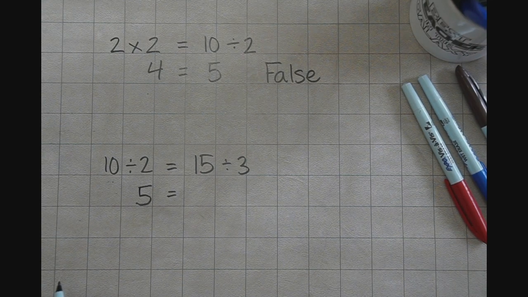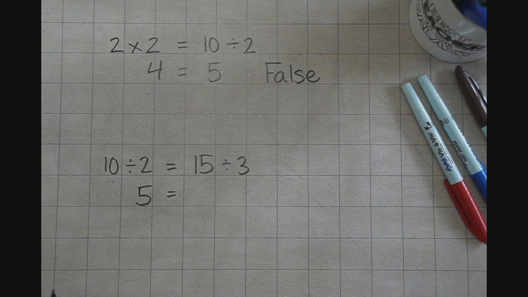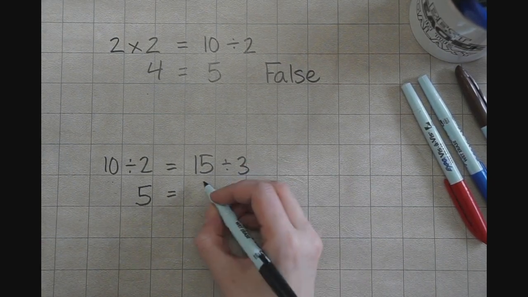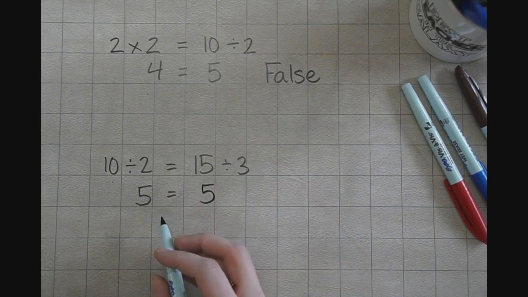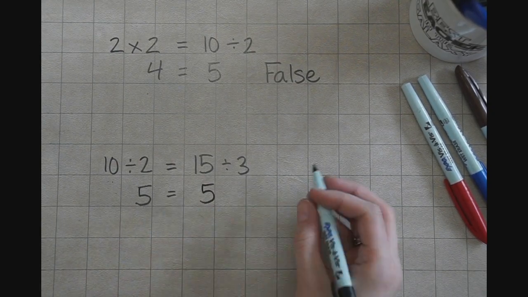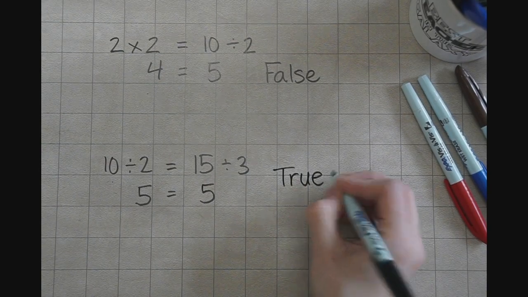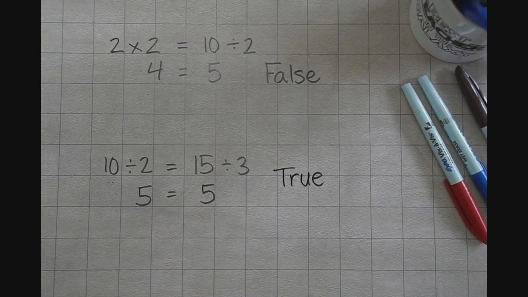How many would be in each group? Yeah, 15 divided by 3 is 5 in each group. Well, look at that. 5 equals 5. That's true. This equation is true because both sides balance. They're equivalent.